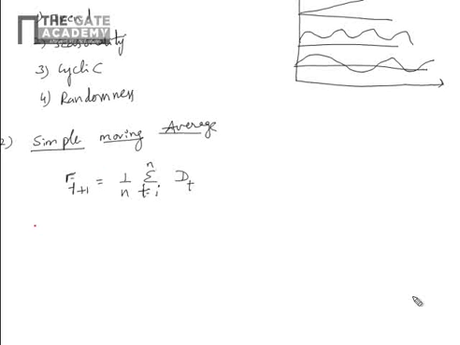For example, suppose you have sales data with values 20, 25, 23, 26, 29, 28. These are the values of 6 months. If you want to predict for the next month and you take the entire average, you will get some value which gives equal weightage to all values.